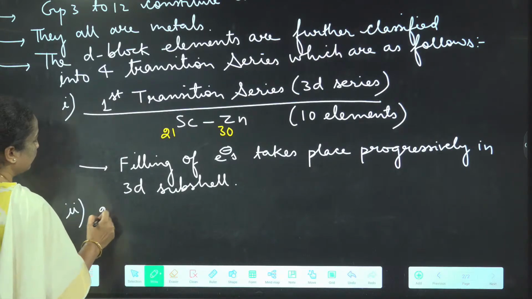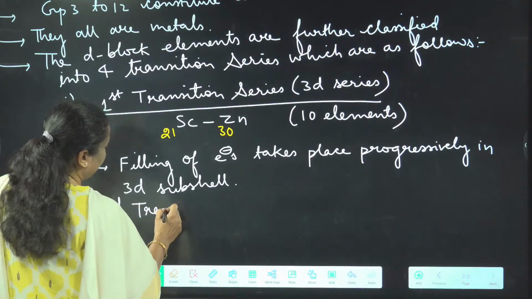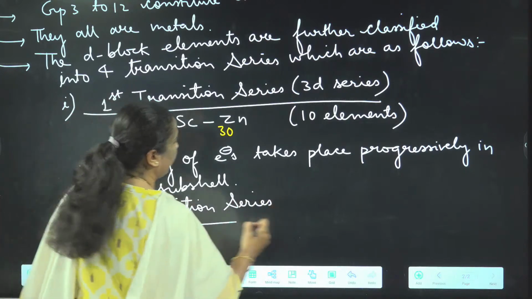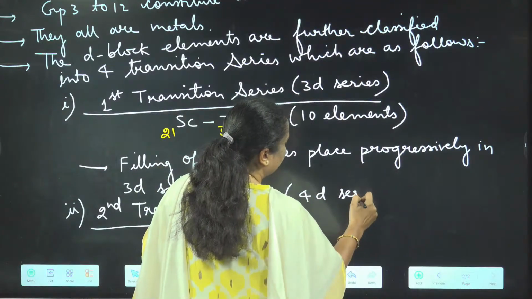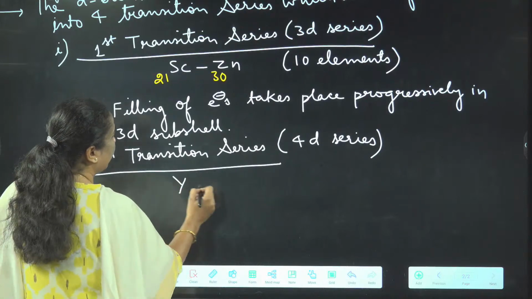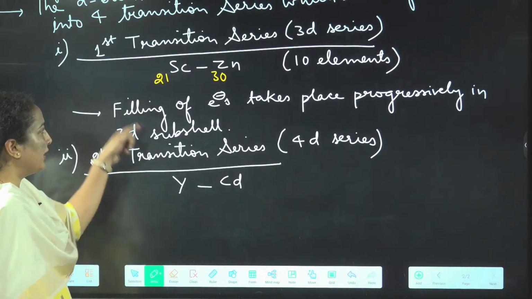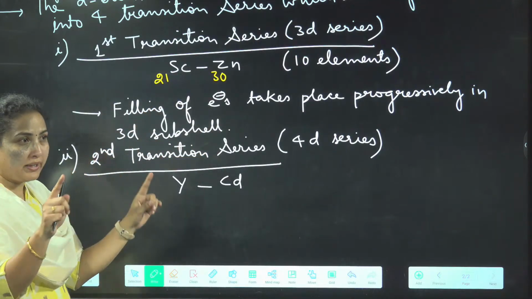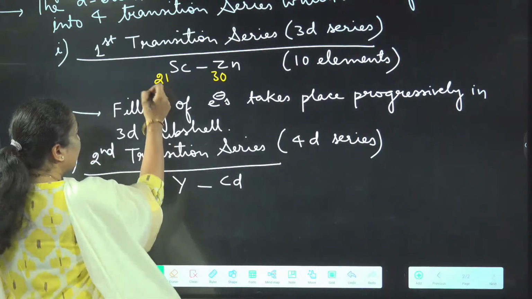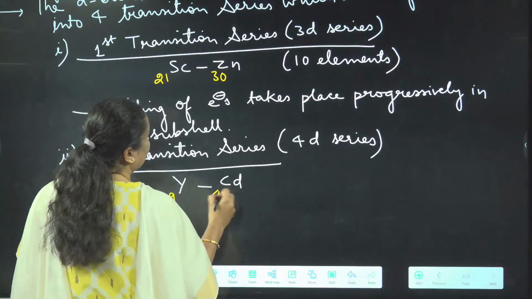Now next one is second transition series, which is also known as 4D series. It starts from yttrium, it goes up to cadmium. You add 18 to this scandium and 18 to this, because in between there are a total 18 elements, because 2 S block, 6 P block and 10 D block elements, right? So that is the reason we are adding 18 over here. So basically it will be 39 to 48.